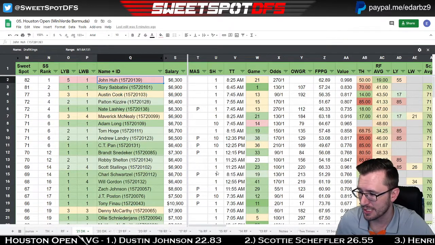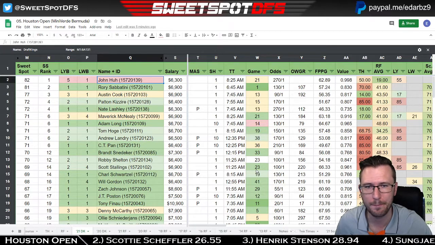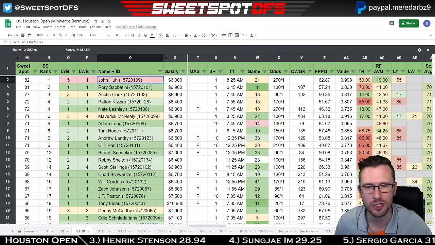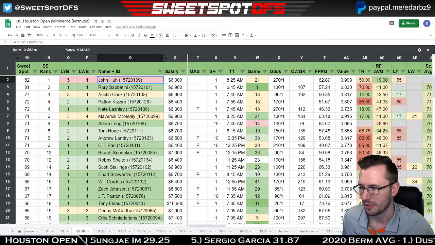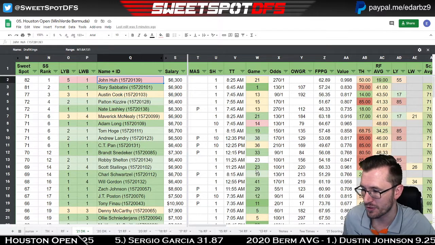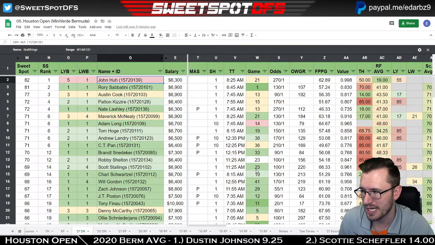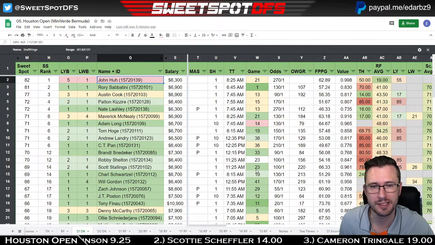A lot of these guys are under 6K. Now, I'm not saying they're the best plays, but I try to create a very evenly weighted model. And obviously, because we have a lot of elite golfers at the top, a lot of these guys are the best value in the 6K range.